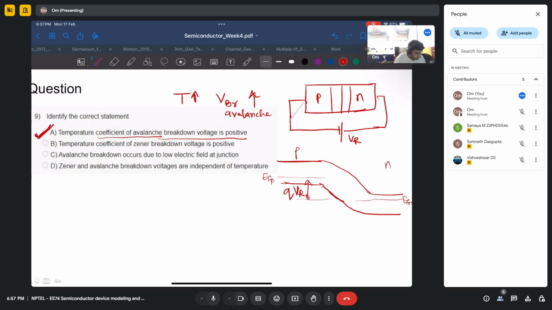The electrons, the minority carriers in the p-type conduction band, gain a lot of energy, and as they move, they lose some energy to the lattice and generate electron-hole pairs in this depletion region. There's this depletion region here. They strike the atoms in the lattice and generate more electron and hole pairs.